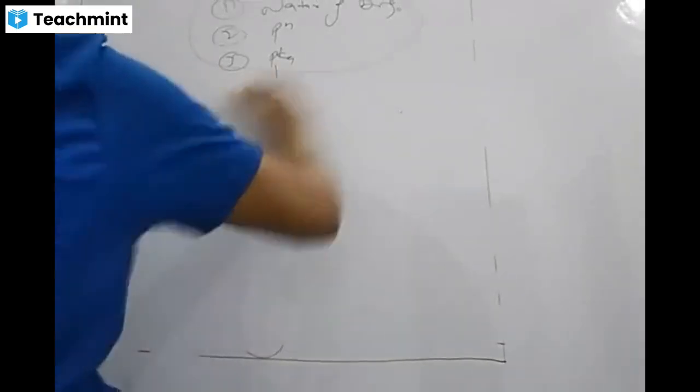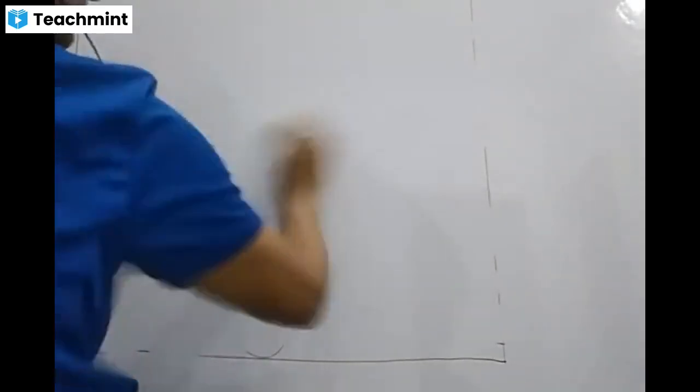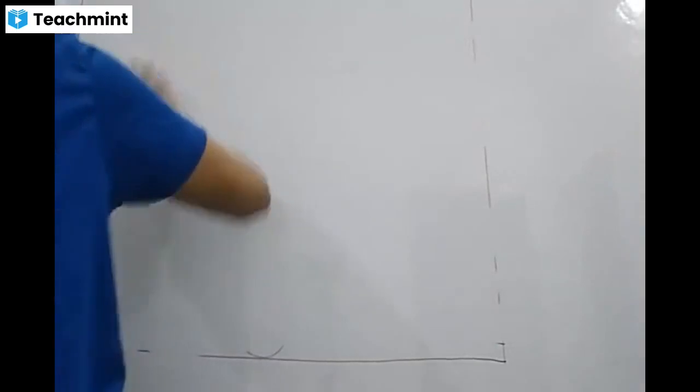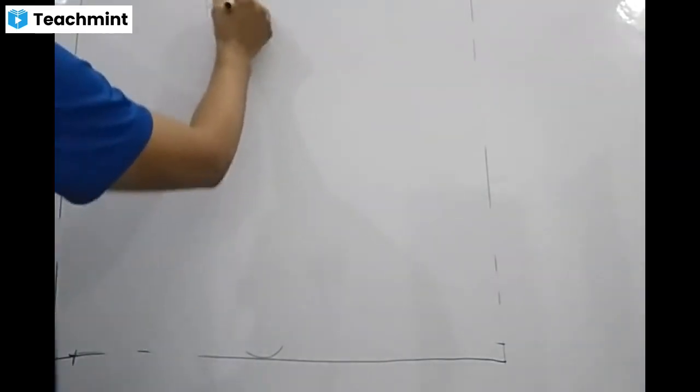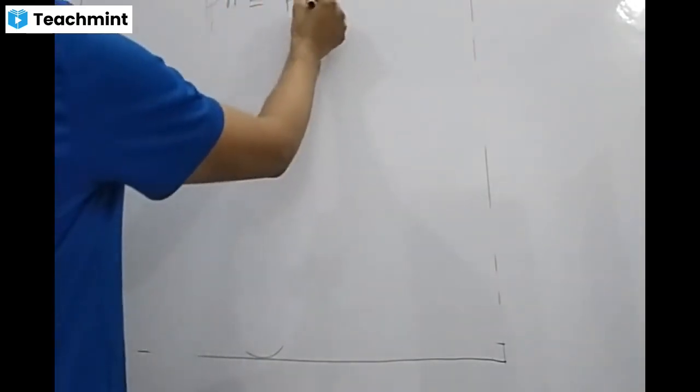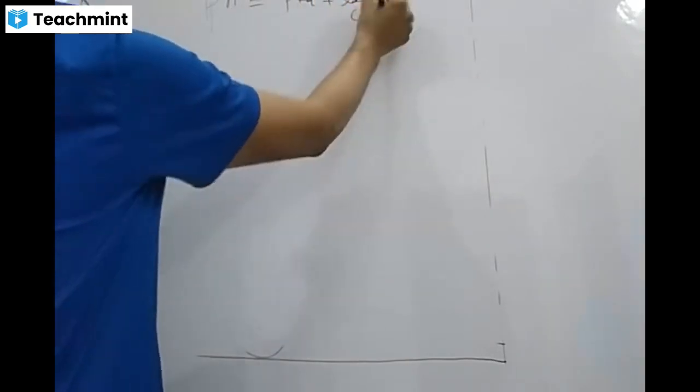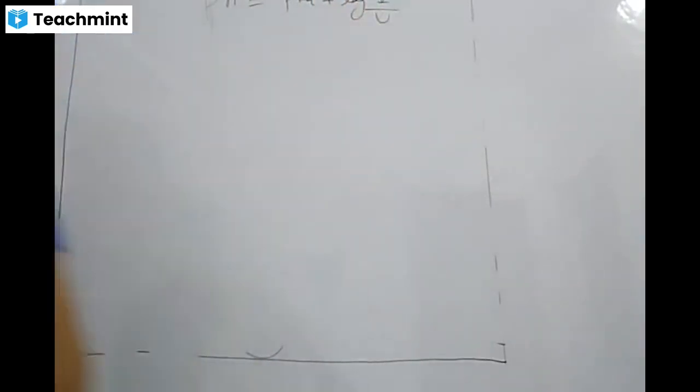So according to this equation, pH equal to pKa plus log ionized by unionized form.